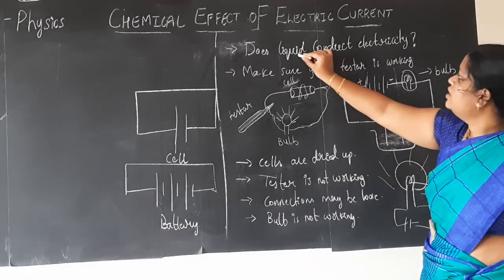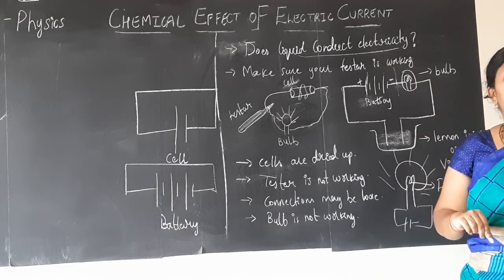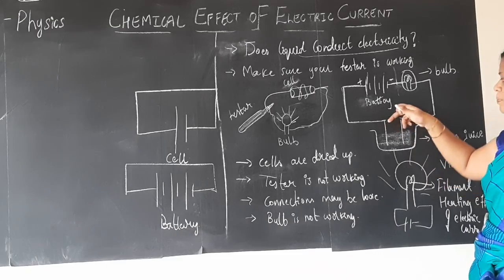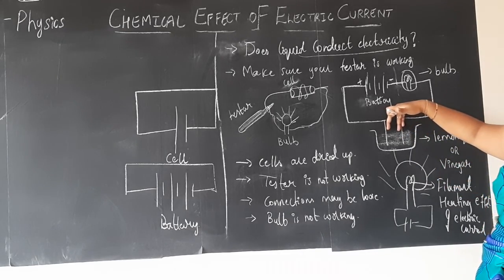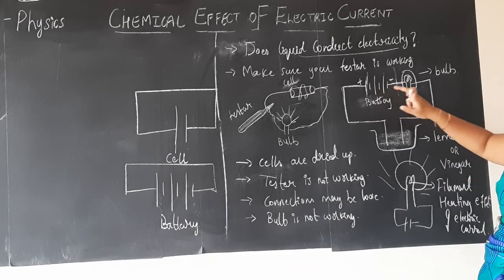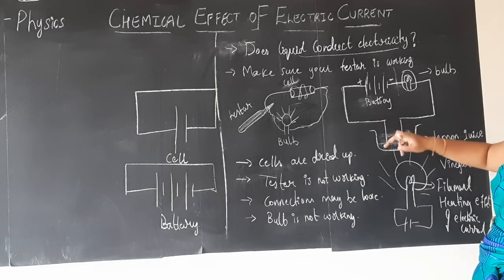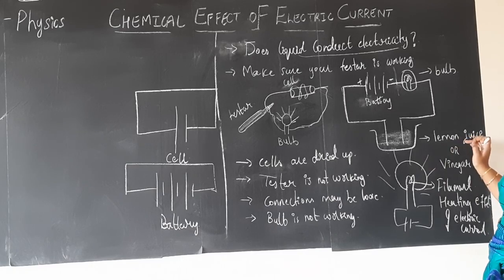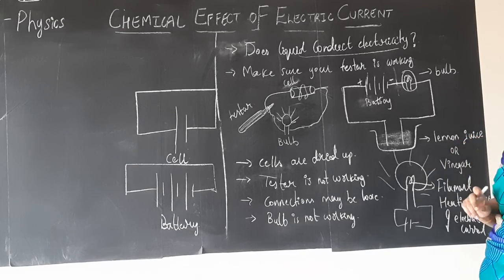To check whether the liquid conducts electricity, what we do, children, is dip these two ends of the connecting wires, which are connected to the battery and bulb, into the solution, such as lemon juice or vinegar.